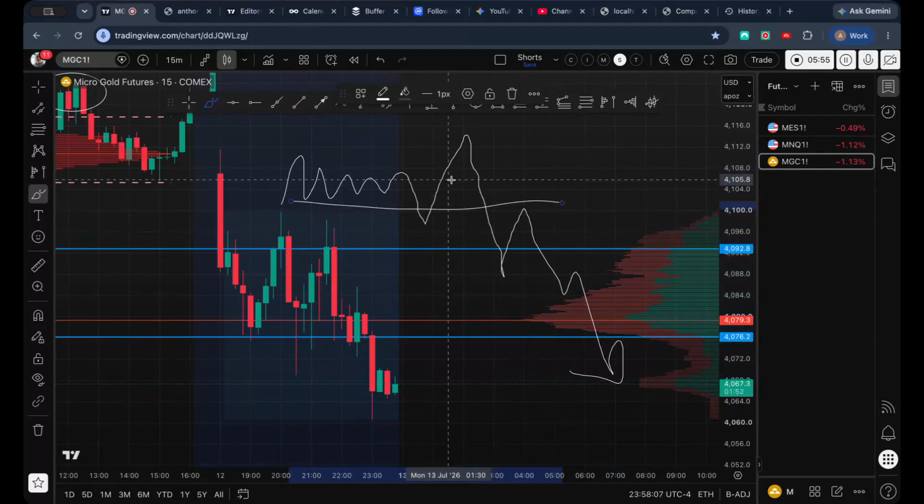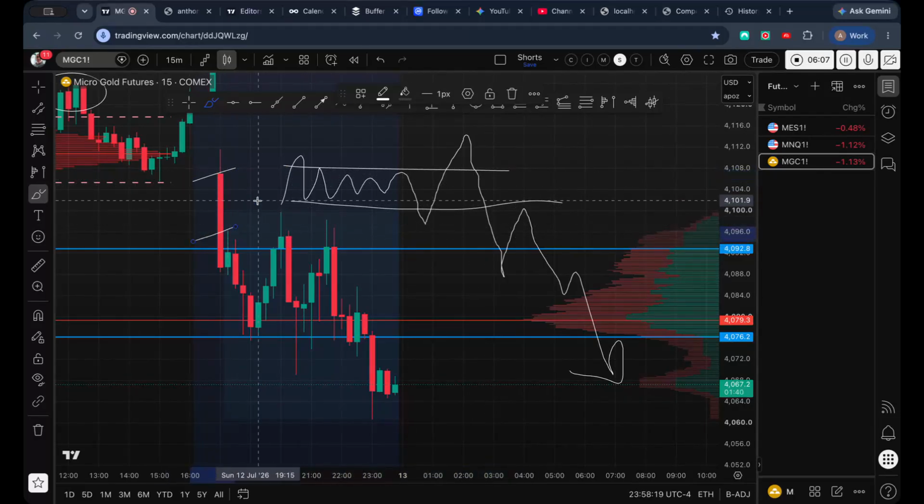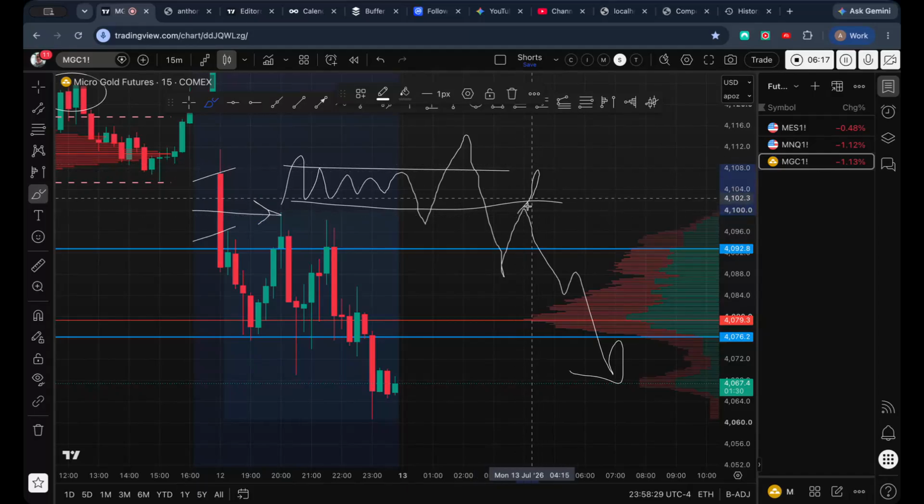It hits the liquidity and moves with momentum. You get this really strong move, like this right here. That's a fair value gap. Down it goes. Generally, it comes back into the fair value gap, rebalances, and then down, right?